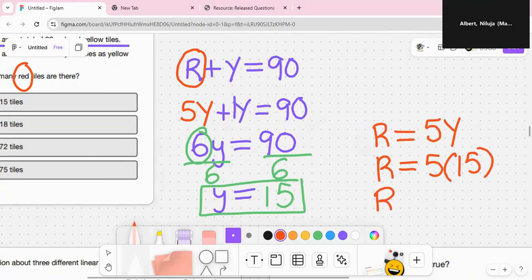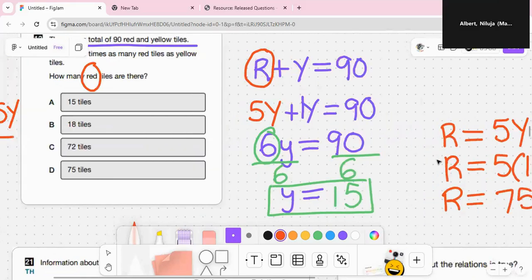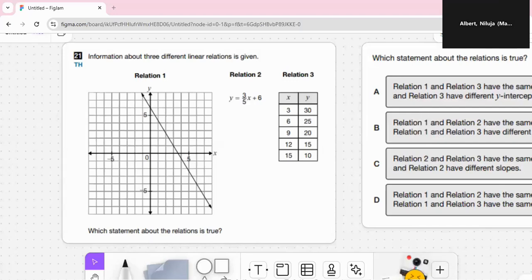So that tells me that the number of red tiles is 75 because 5 times 15 is 75. So again, the answer is D. Okay, moving on to the next question.